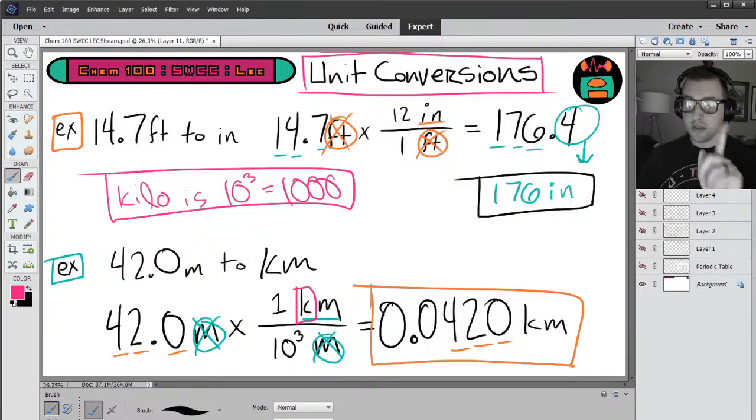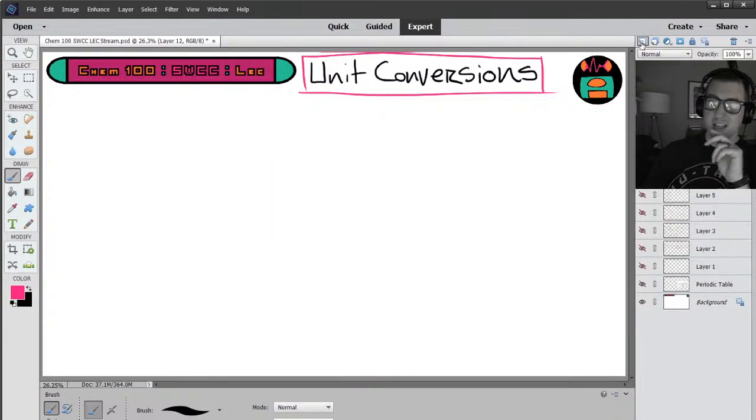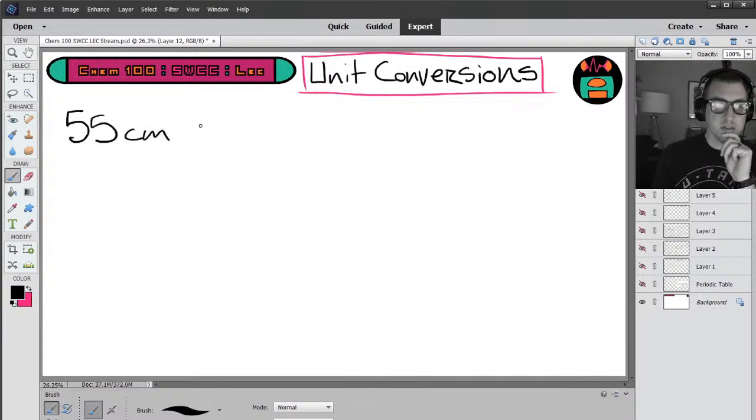All right, let's do one more unit conversion. This time, let's convert 55 centimeters to inches.